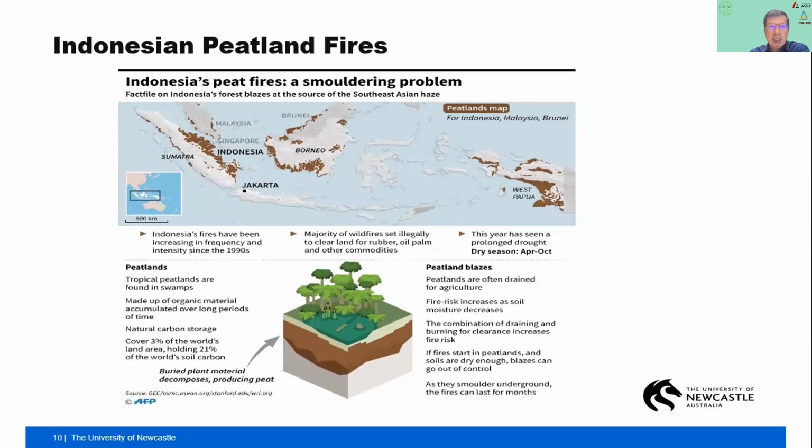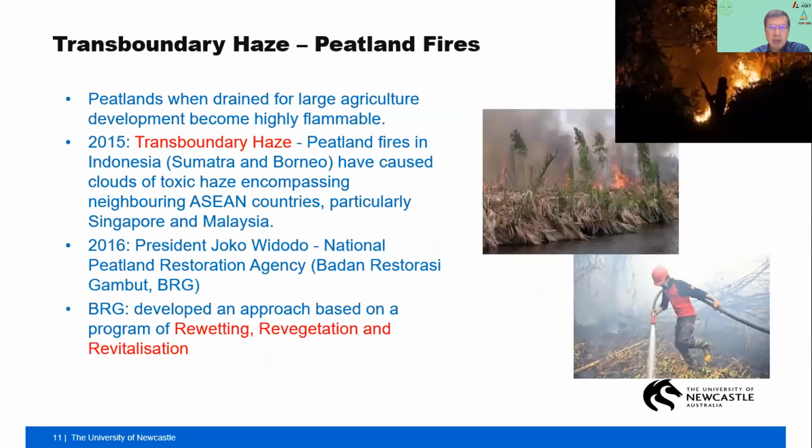And the peat is like organic matter that is very easily burnt, and you have massive fires above and below ground. So in 2015, in the Transboundary Haze, we see peatland fires in Sumatra and Borneo, the 2 major islands, have caused clouds of toxic haze encompassing ASEAN countries, in particular Singapore that I live in, and Malaysia.